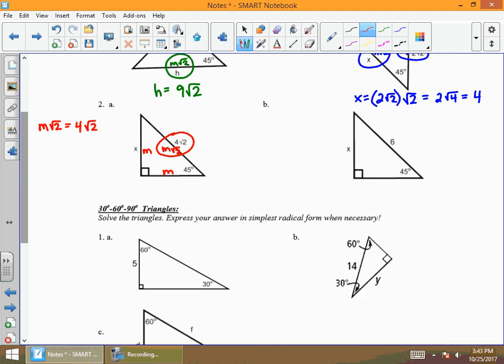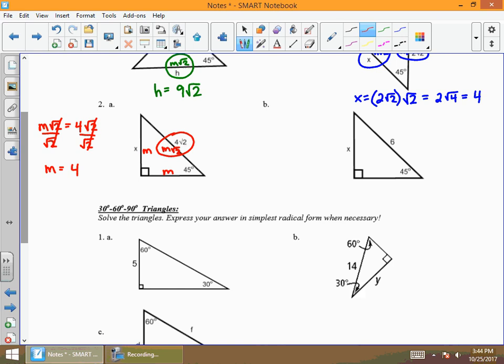And then what do I need to do? To solve for m, I need to divide both sides by radical 2. So m is equal to 4 radical 2 over radical 2, those radical 2's cancel. So m is equal to 4.